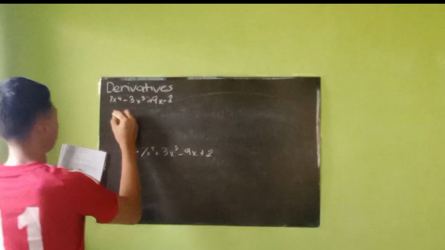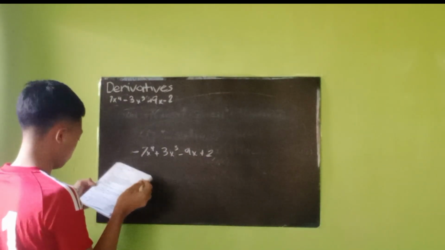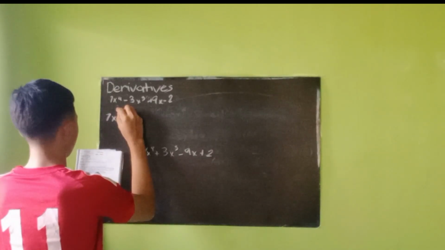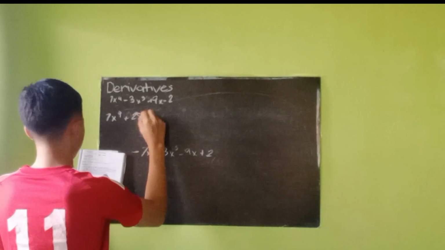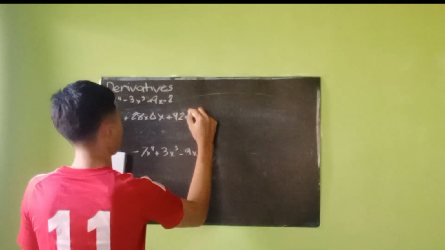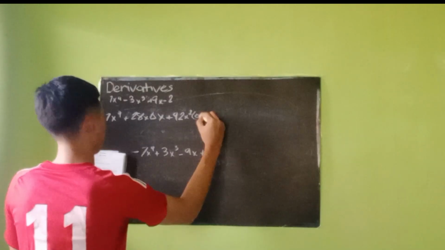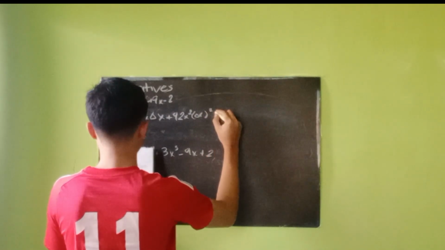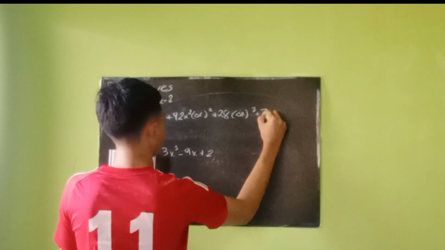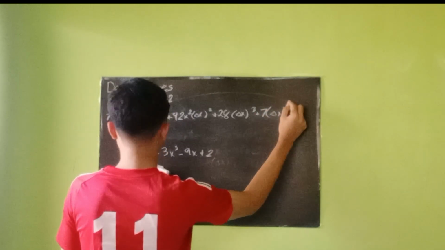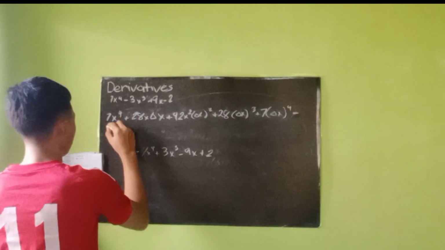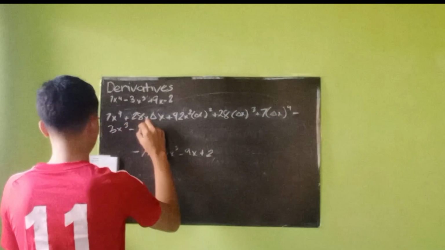So let's try to combine it down. And so we have minus then 3x cubed.